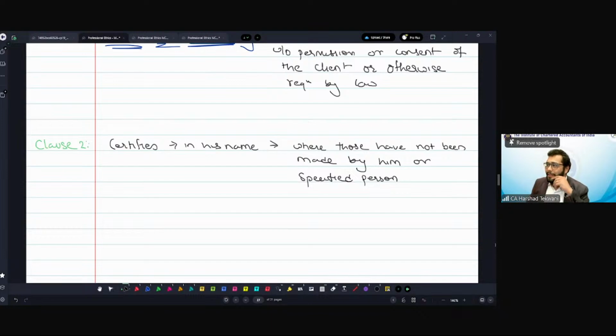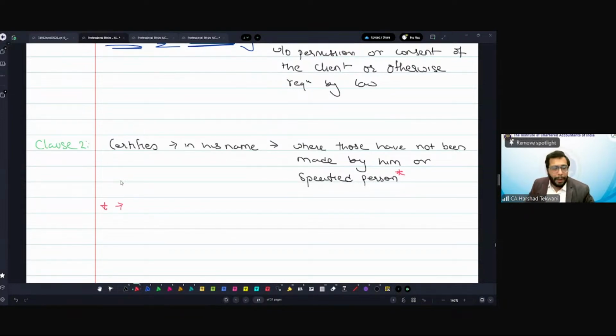Now, who are these specified persons that I'm talking about? As usual, when I say specified person, it comes like a star mark.